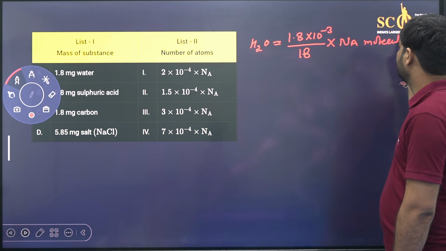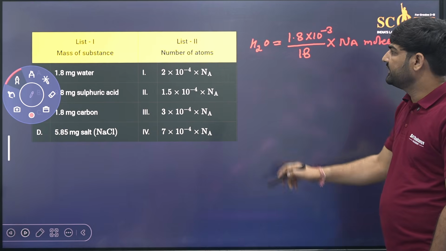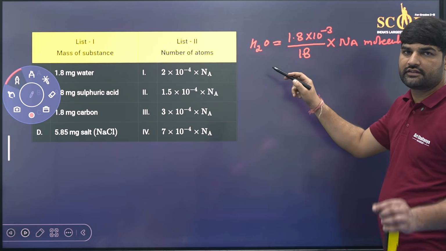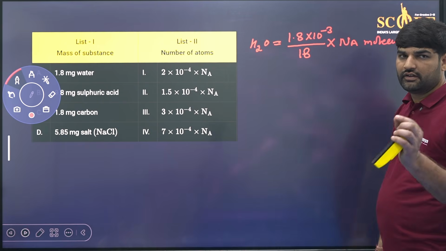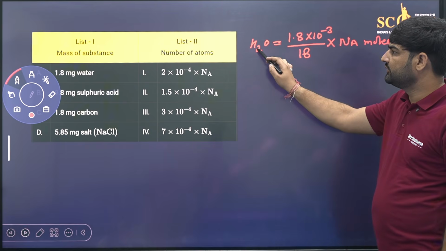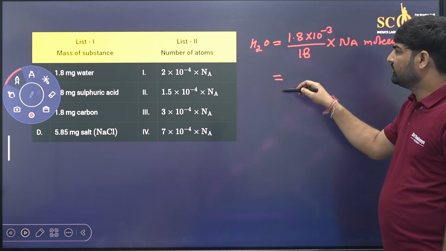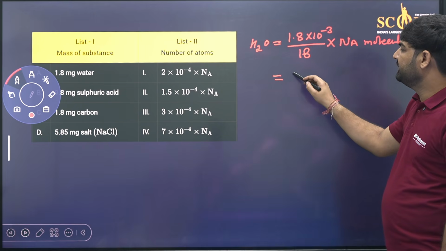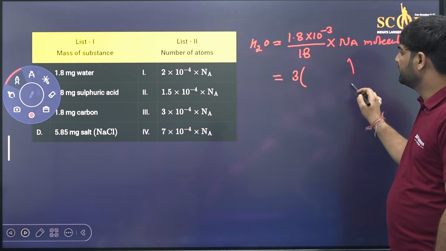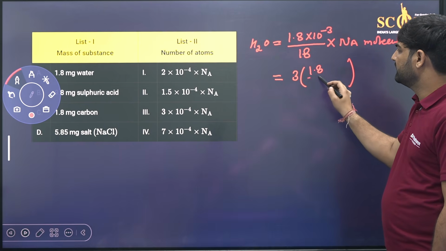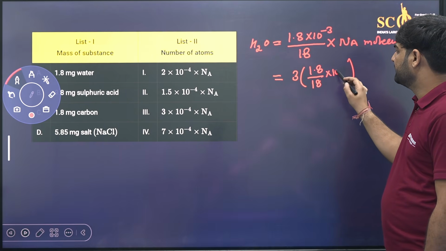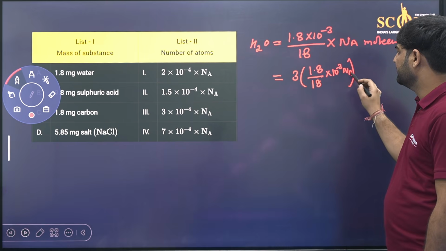This is number of molecules of H2O, and a single molecule contains 3 atoms, 2 hydrogen atoms and 1 oxygen atom. So we can say total number of atoms will be 3 times the number of molecules. The number of molecules is 1.8 times 10 raised to power minus 3 divided by 18, multiplied by Na.